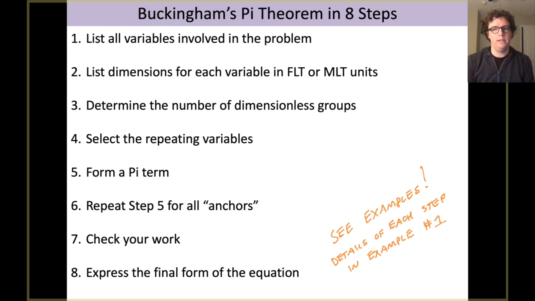In the very first example problem, I will talk through each of these steps in a very explicit way so you can see each step, exactly what's happening, and you can use that as a model for future problems. In subsequent examples, I'll be a little less explicit about telling you I'm on step 5 or I'm on step 3, and hopefully you'll be able to pick out how these steps are actually happening.